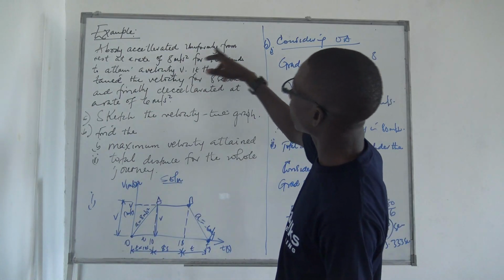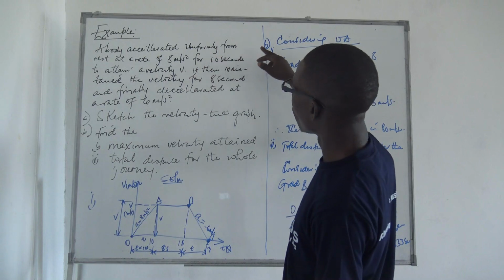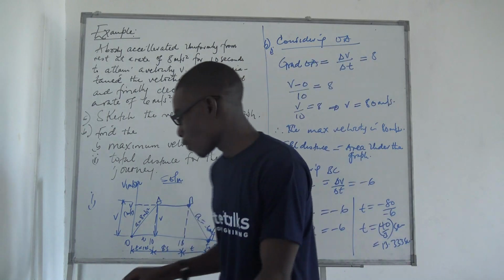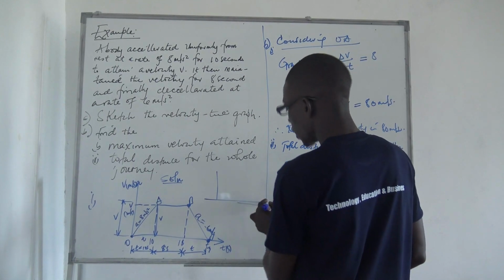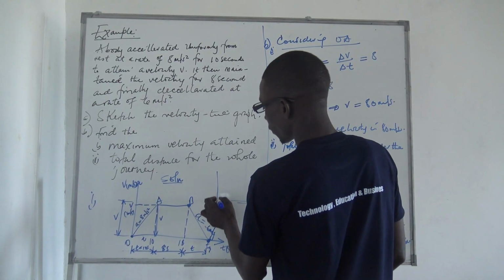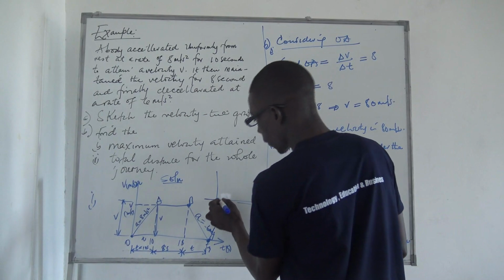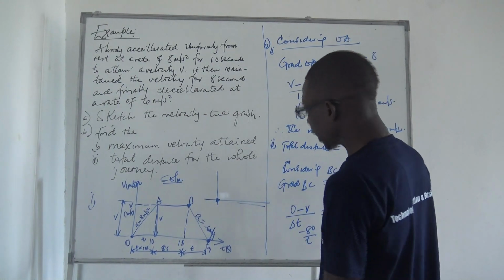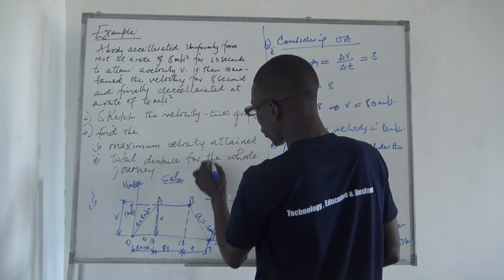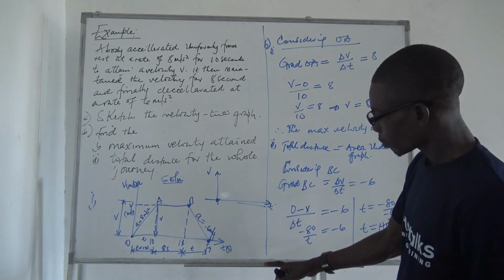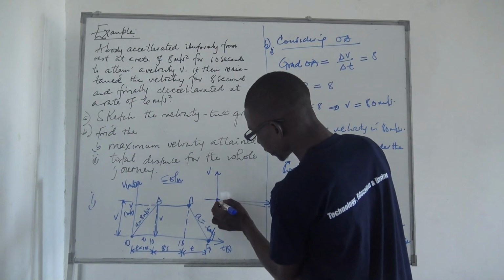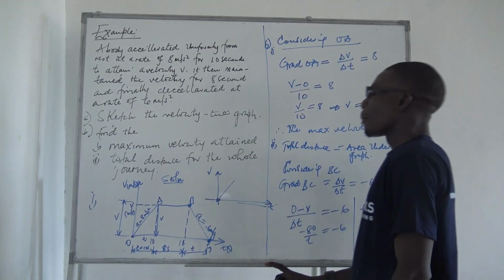So, if the body is accelerated uniformly from rest, that means if you draw something like this, accelerating from rest will mean you begin drawing the graph from here. And because it is accelerating, and you are talking about velocity time graph, you should draw that part as a straight line.